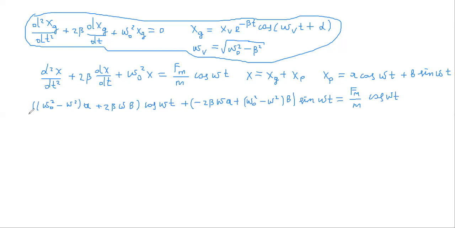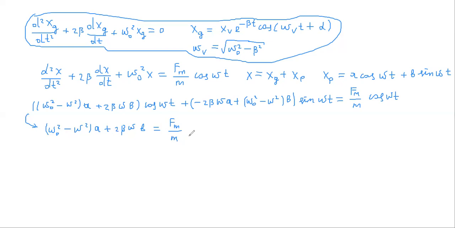So according to this, we can write that omega 0 to the power of 2 minus omega to the power of 2, multiplied by a, plus 2 beta omega b must be equal to fm divided by m, without cosine.